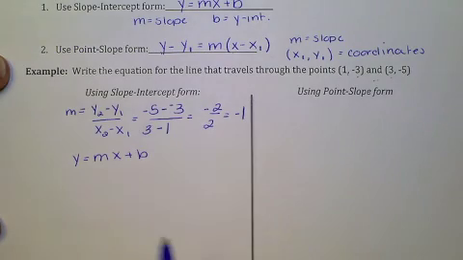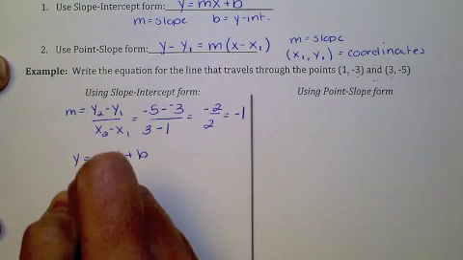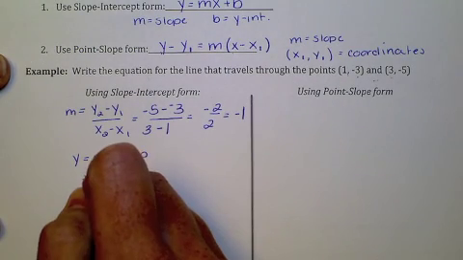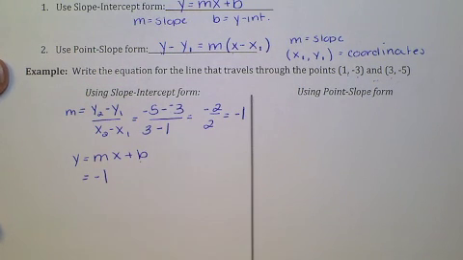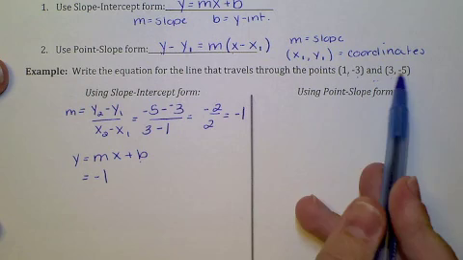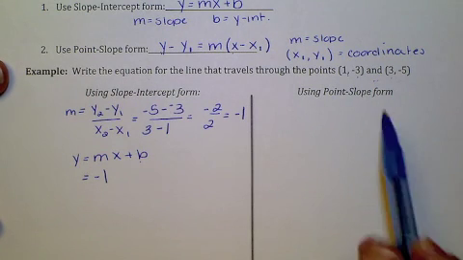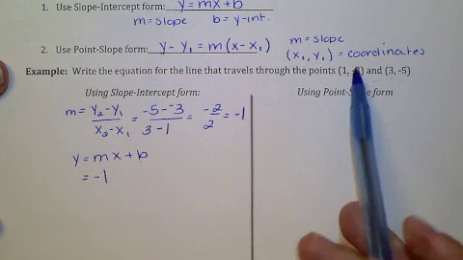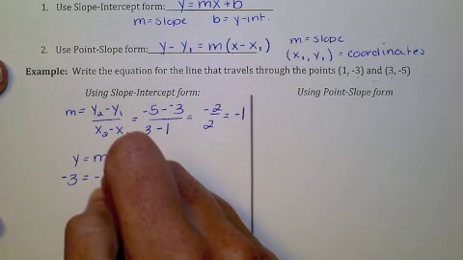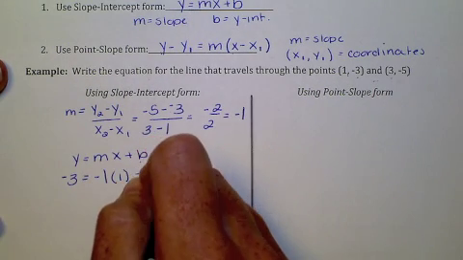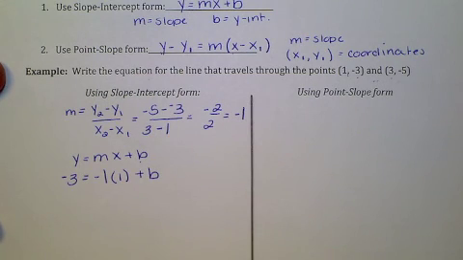If I plug in what I know, that the slope is -1, I'm not given the y-intercept. Neither of these points is the y-intercept. So what I'm going to do is I'm going to take (1, -3). I'm going to put the -3 in for y and the 1 in for x. And what that allows me to do is now solve for the y-intercept.